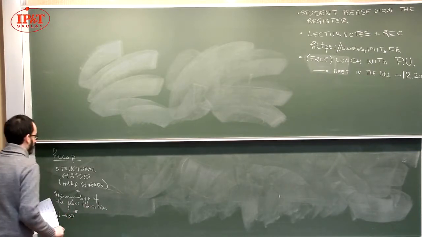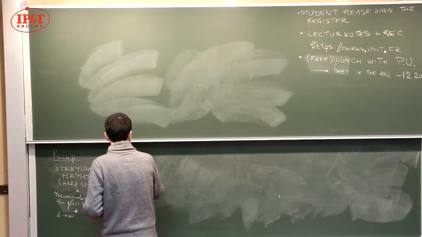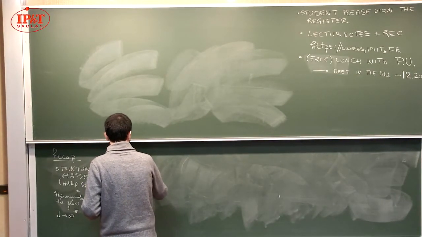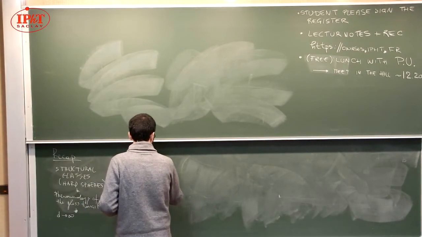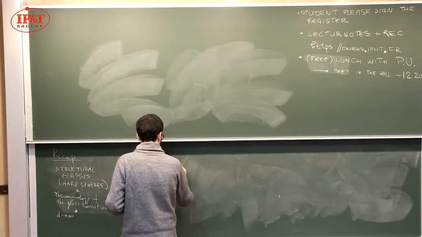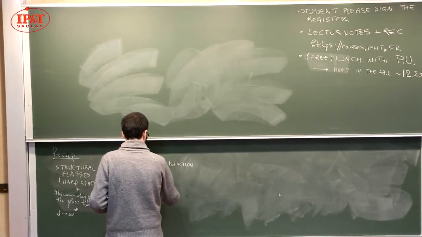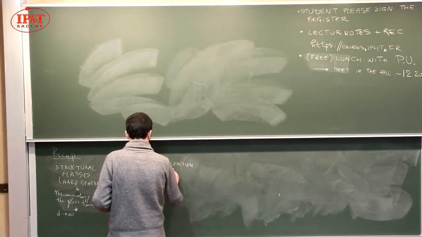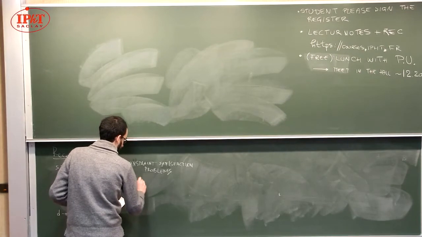Then we went to constraint satisfaction problems, and in particular, we discussed the random coloring problem.